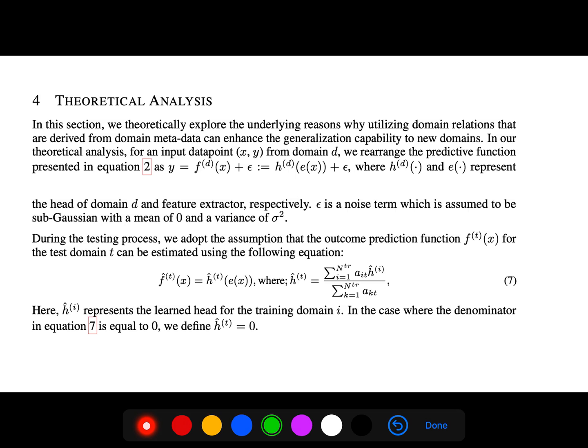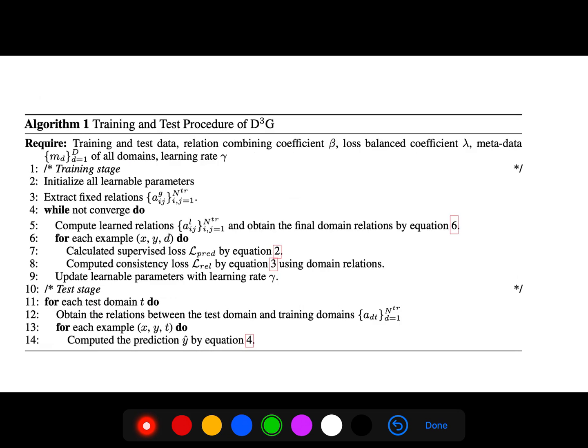And then they give the theoretical analysis of that. But the algorithm is like this. We first require that the relation combine coefficient, loss balance coefficient, lambda, metadata, and learning rate are fixed. Then we initialize all learning parameters.